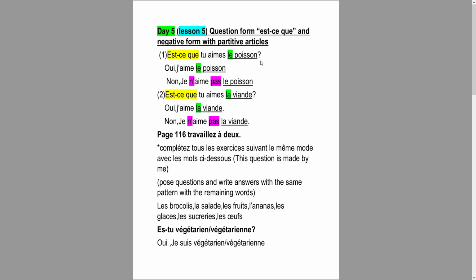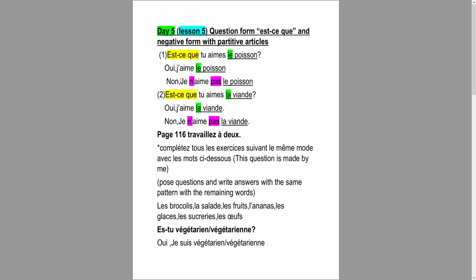Est-ce que tu aimes le poisson? Oui, j'aime le poisson. Non, je n'aime pas le poisson. So look at this negative form. Why here J apostrophe? Because A is a vowel, thereby J apostrophe. Here JE comes in full form because N is a consonant.